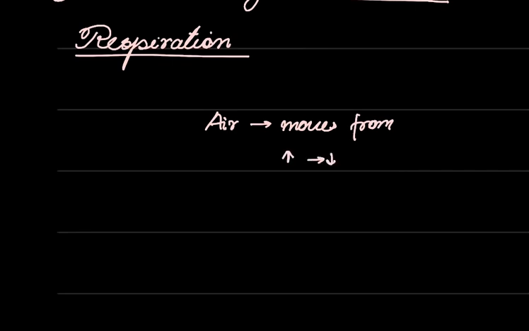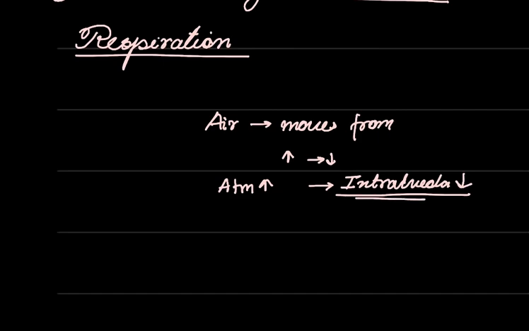Because of that, atmospheric pressure should be higher and the intra-alveolar pressure, or the pressure of the lung, should be lower in order to make sure that air moves from the atmosphere to the alveoli during inspiration. We cannot change the atmospheric pressure, however, we have to change the intra-alveolar pressure.